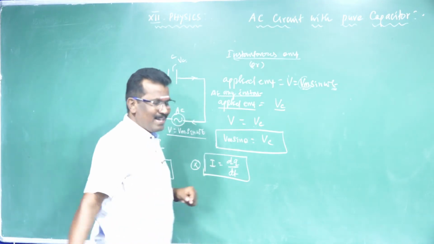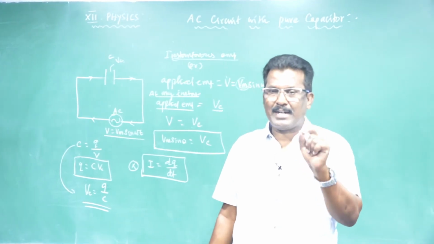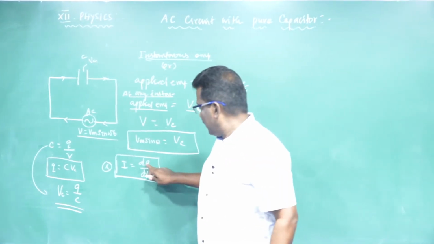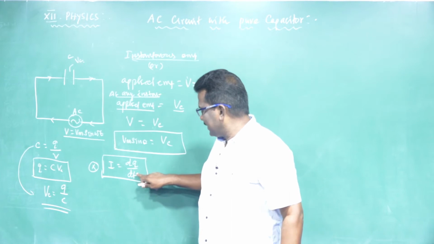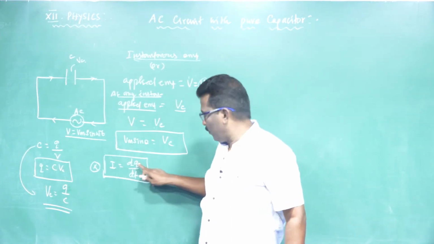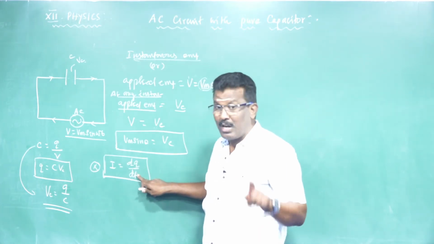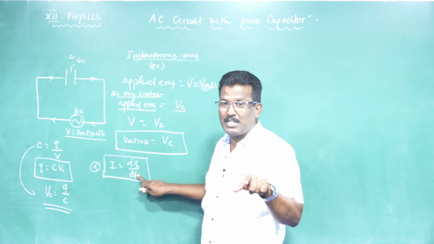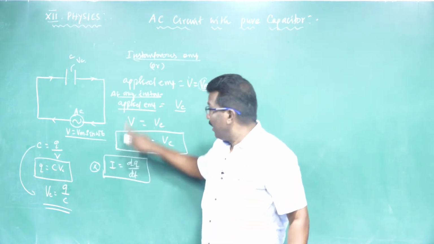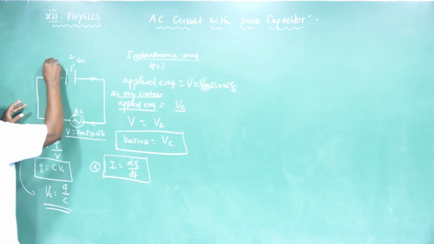I represents the instantaneous current, the rate of change of charge. When the charge changes with time, there is a current flow. So the rate of change of charge is equal to current, because this is an AC.